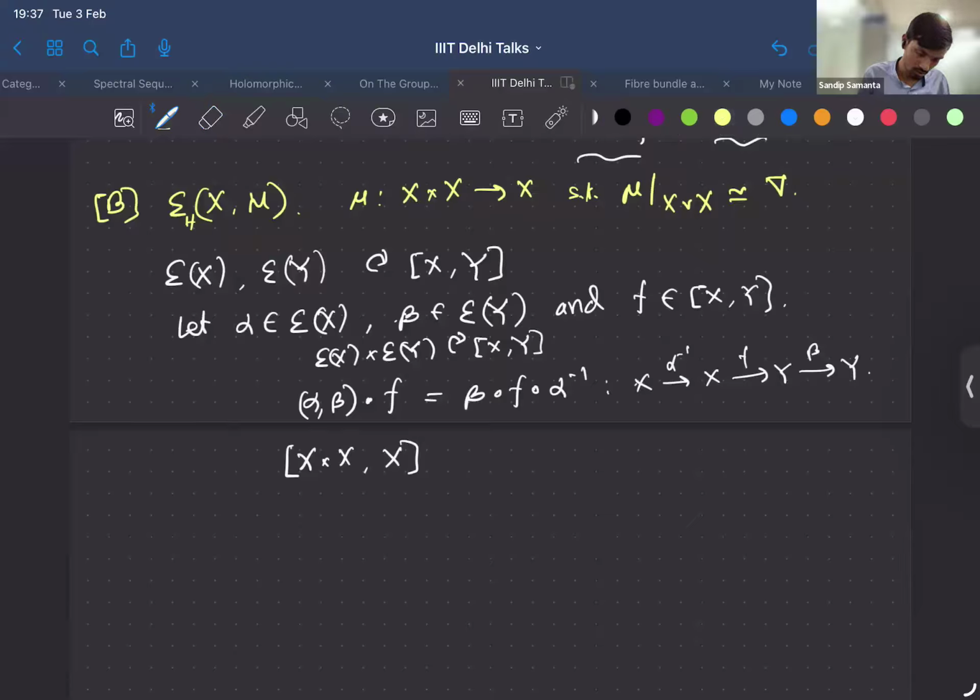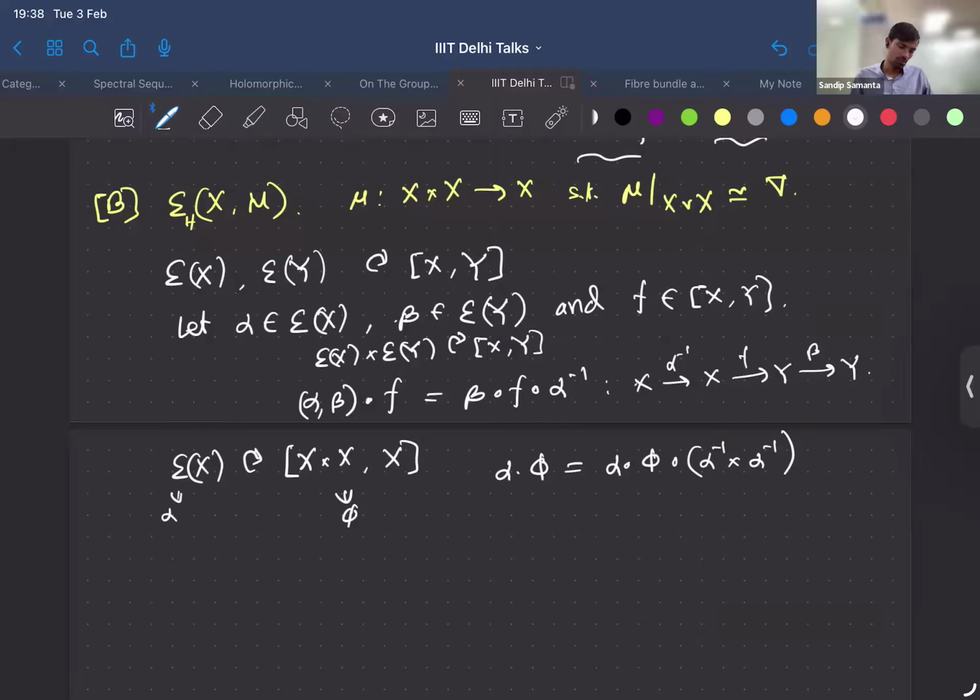So on this thing, the homotopy class also acts as follows. Let's say alpha belongs here and let's say p belongs here. Then the action says alpha dot p is alpha compose p compose alpha inverse cross alpha inverse.